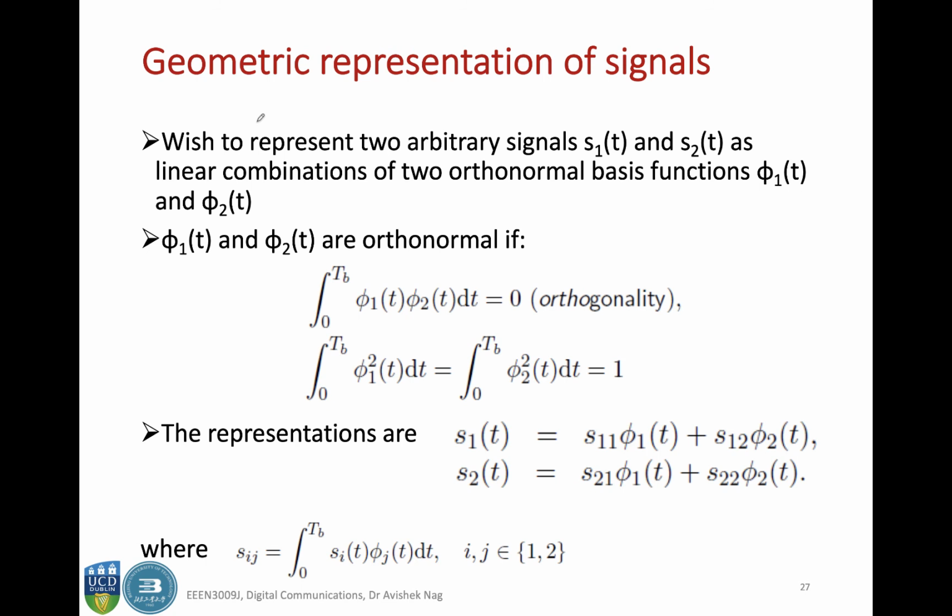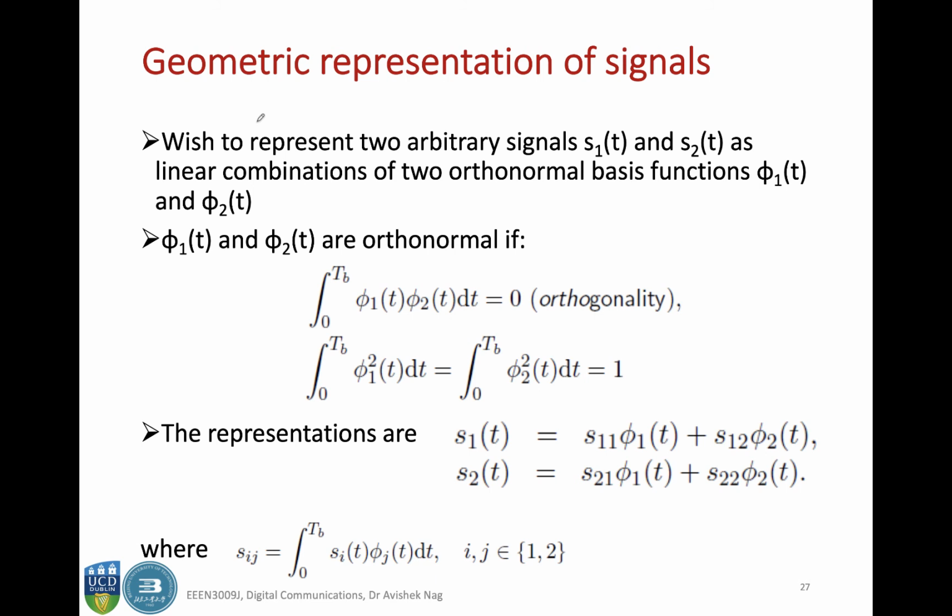In case of binary phase shift keying, s1(t) is the sine function and s2(t) is the 180-degree phase shifted version. So s1(t) and s2(t) can be any two arbitrary signals.